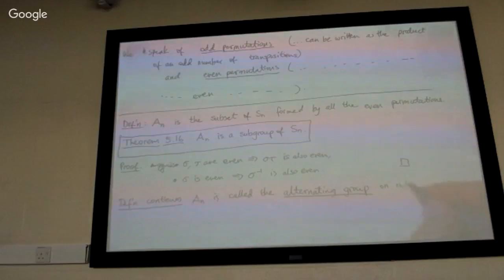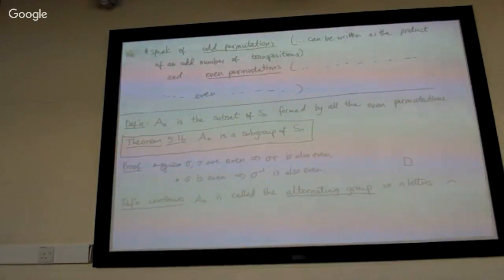It says on n letters, but you can say elements.